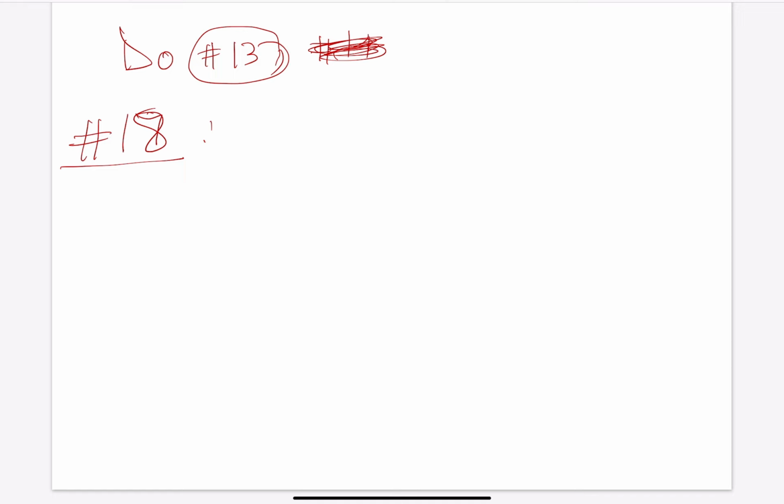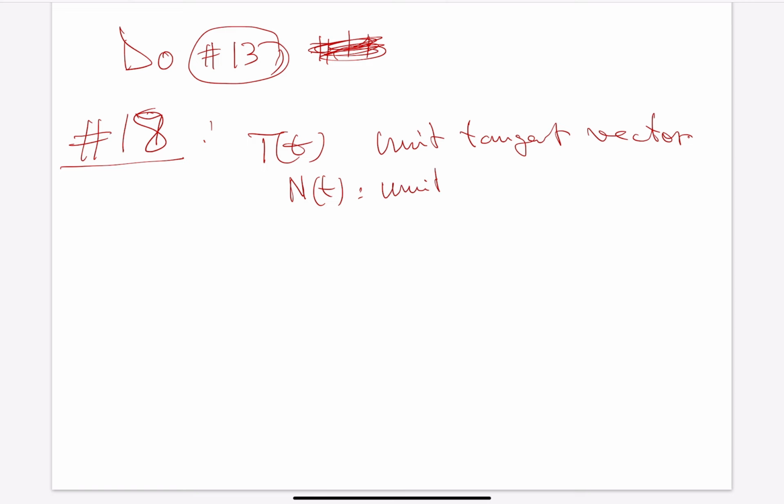You have T and N. Remember, T is a unit tangent vector, and N is the unit normal vector.